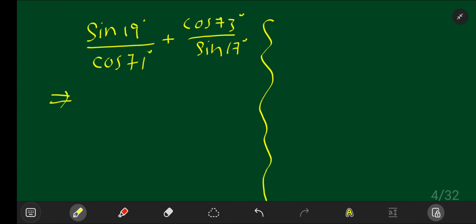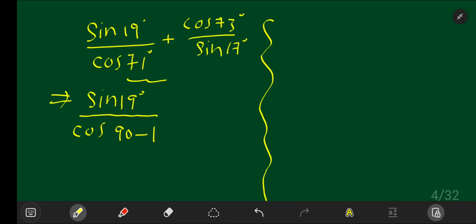First, sin 19 degrees divided by cos, we can write 71 degrees as 90 minus 19 degrees. Yes or no? 90 minus 19 is equal to 71.